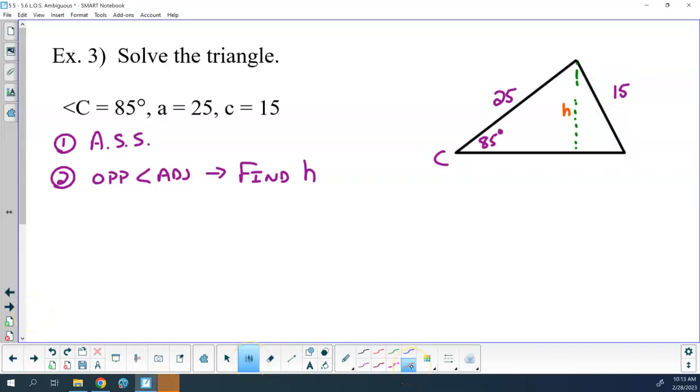So the sine of 85 is going to be what? Or h in this case. Yep, h over 25. Which means that h is 25 times the sine of 85 degrees, which is approximately how much? 24.9?